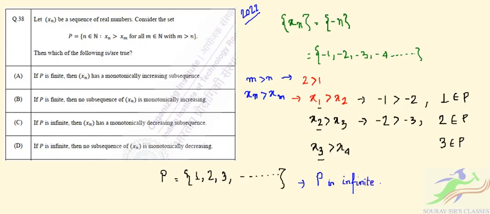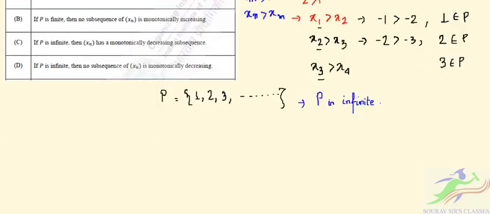Now if P is infinite, then x_n has a monotonically decreasing subsequence, or else no subsequence of x_n is monotonically decreasing. Let us consider a subsequence of x_n, written as x of 2n plus 1.